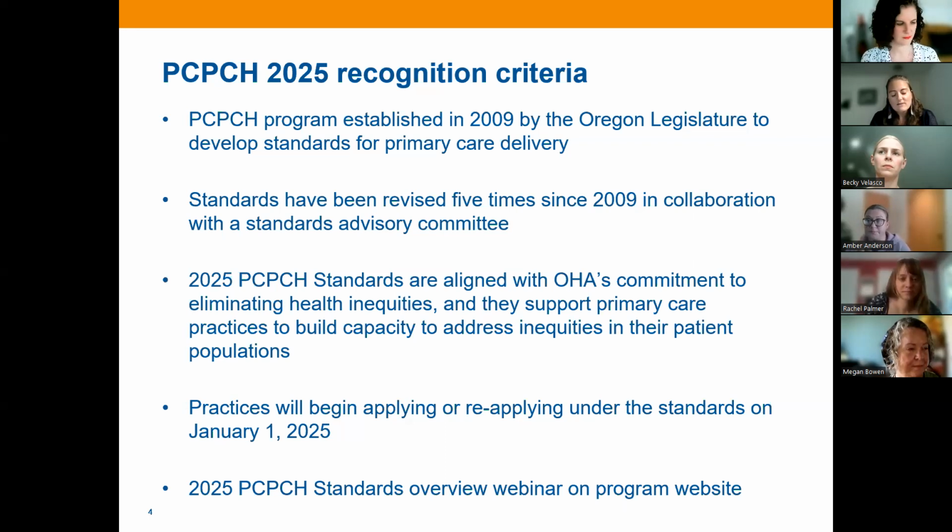The standards specifically help primary care practices build their capacity and processes to address health inequities in their patient population. All practices applying or reapplying for PCPCH recognition after January 1st, 2025 must meet these new standards. For more information, we encourage you to watch the recording of the 2025 PCPCH Standards Overview webinar, which is on our website.